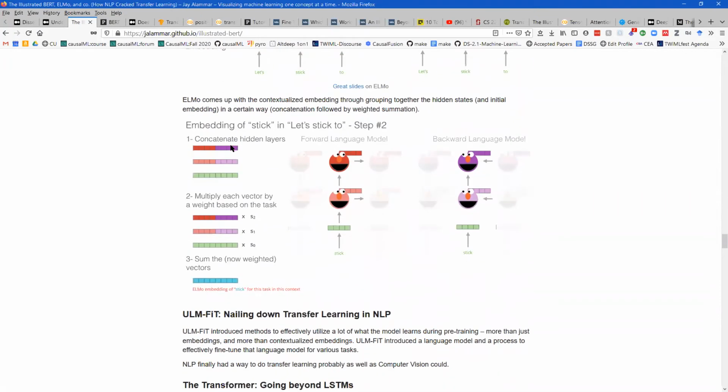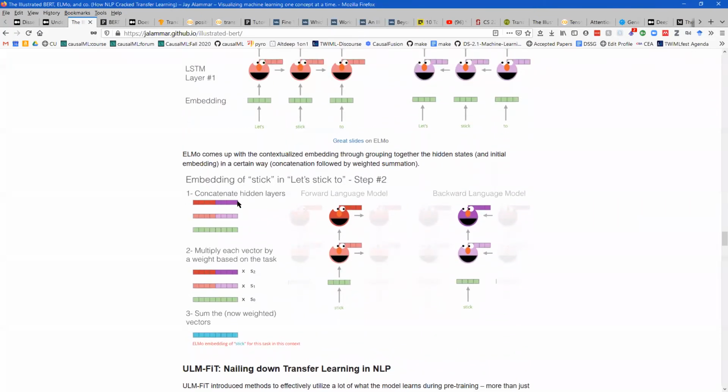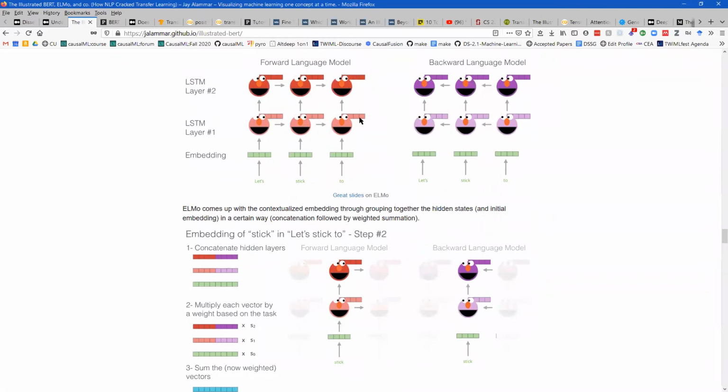And then you concatenate all the hidden layers. You can see these are the hidden layers. So this is dark red and light red. The dark red is the final, the LSTM layer 2 hidden layers, and those are concatenated with the backward language model second layer.